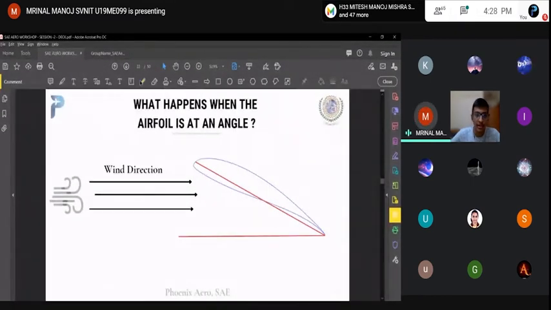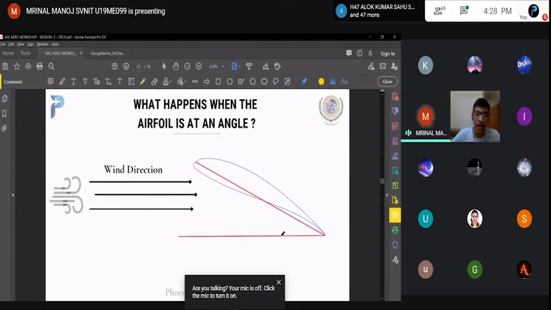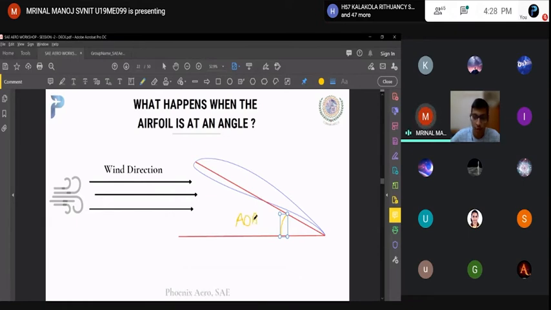The angle made by the wind direction and the chord is called the angle of attack, or popularly known as AOA. As the angle of attack increases, lift increases, but only up to a certain limit.